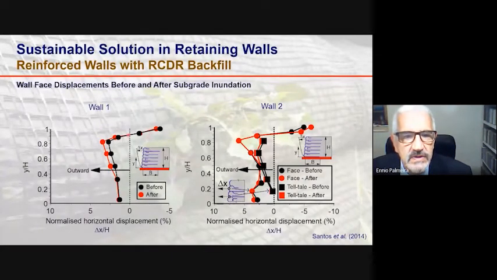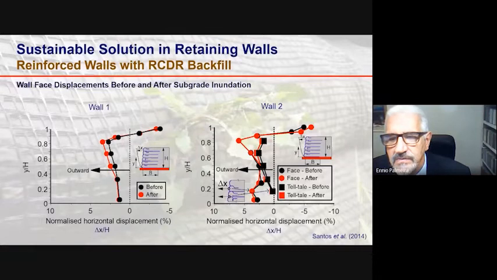This graph shows results of wall face displacements before and after subgrade inundation. So you see here the red curve is the result after foundation soil inundation, the black curve the result before. You see some increase of wall face horizontal displacement due to inundation, both in wall 1 and in wall 2.